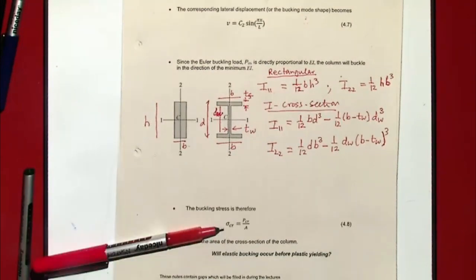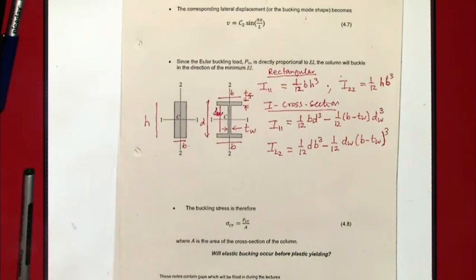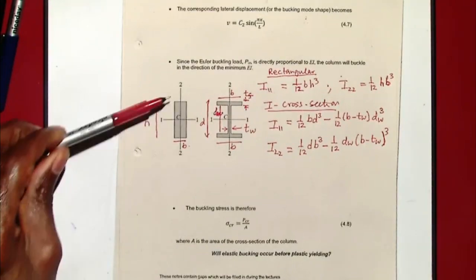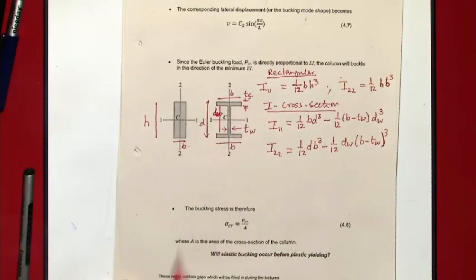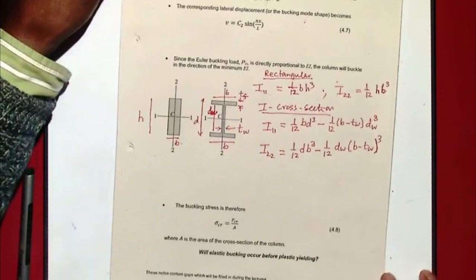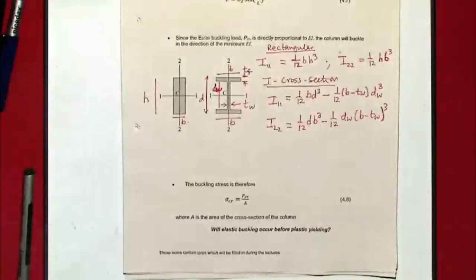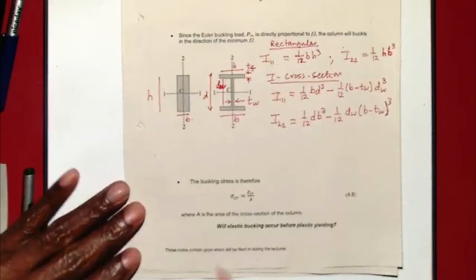You can work that out, where A there is the total area of the cross section. If you are dealing with a rectangular cross section, it is the total area here. If you are dealing with an I-beam, it is the area of that shaded bit. That will tell us what stress you have. If that stress is less than the yield stress of the material, then that failure will occur before yielding.